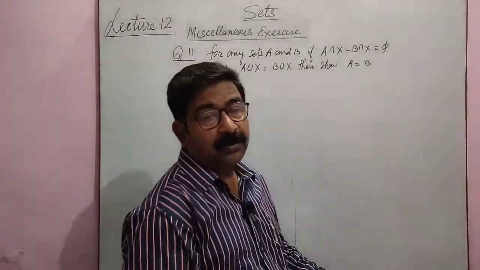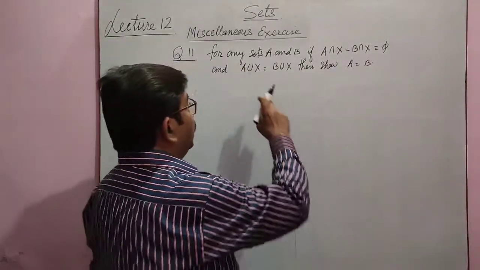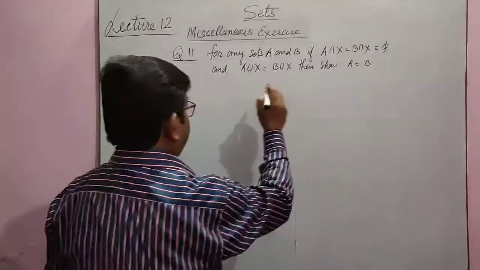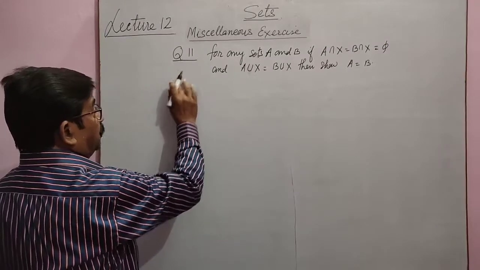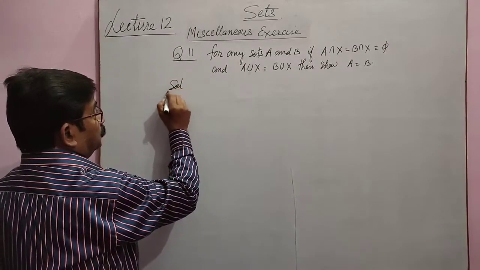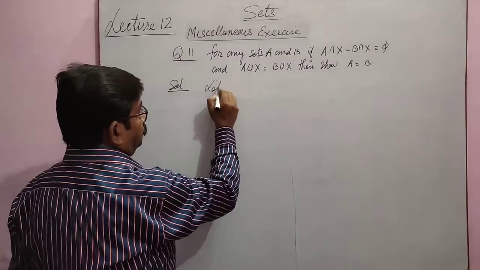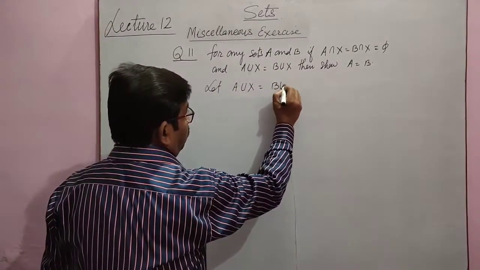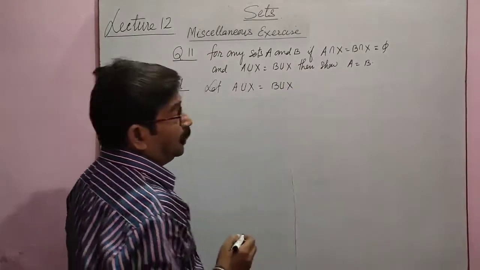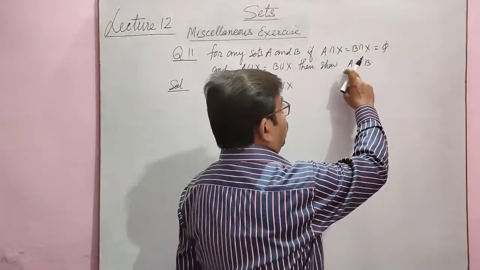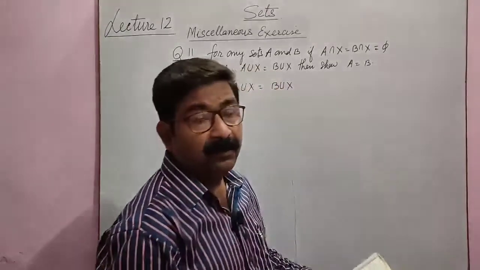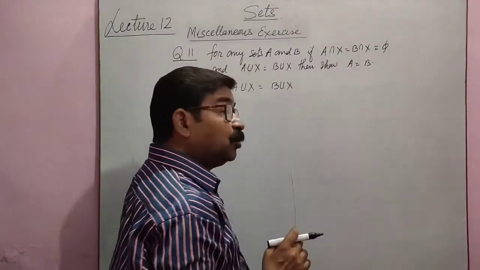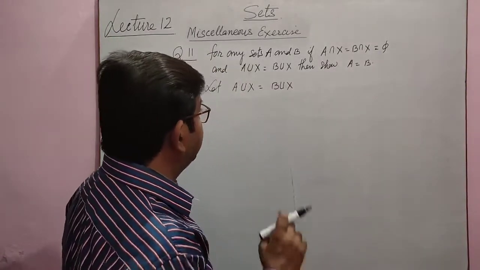I had told that if we take A union X is equal to B union X, solution: let A union X is equal to B union X, and we have to show A is equal to B. Then what to do? We operate intersection.